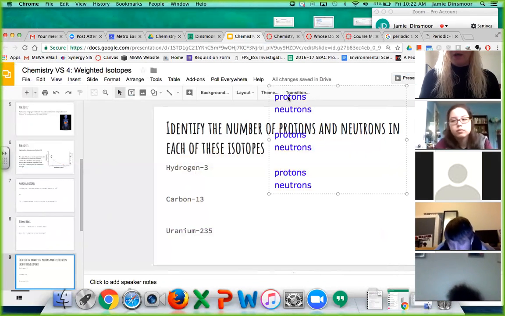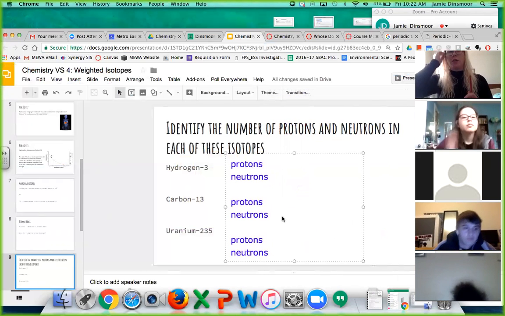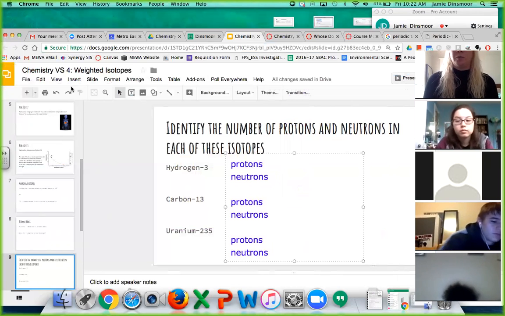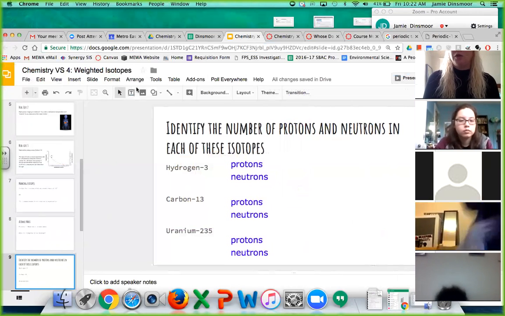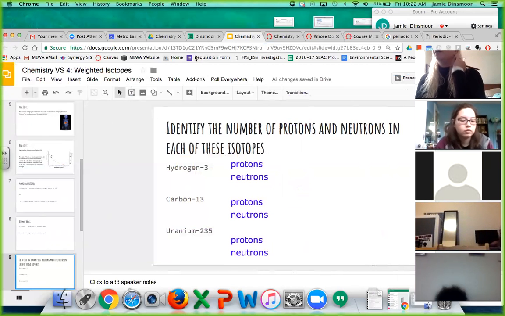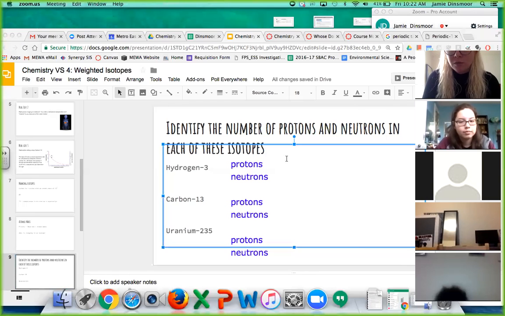So we want to find our protons and neutrons for each of these 3 different isotopes. So the first step that we should do, hopefully you tried to do this on your own, is we should be thinking about the number of protons first, because that's going to be the key.